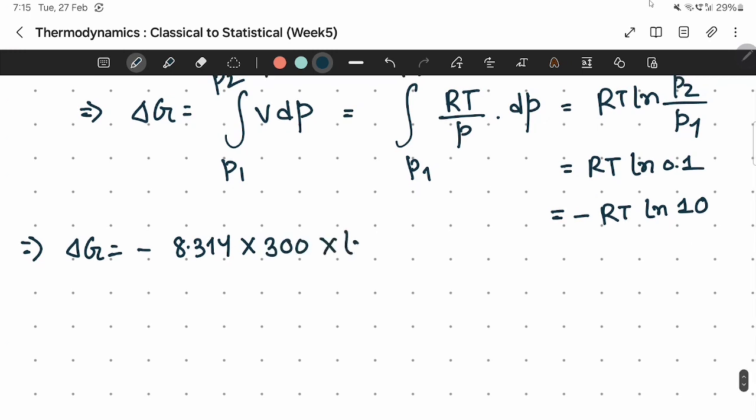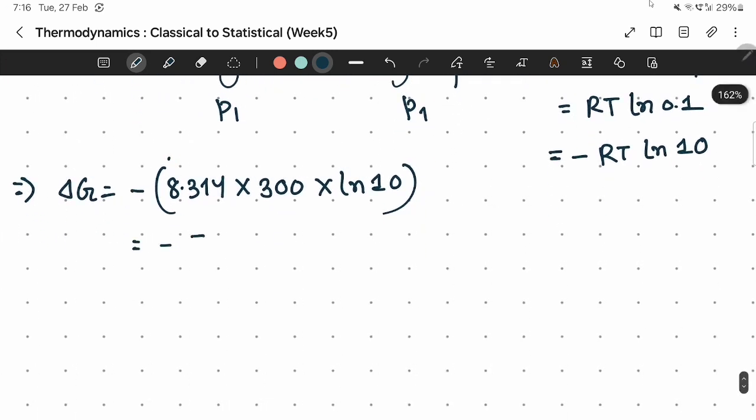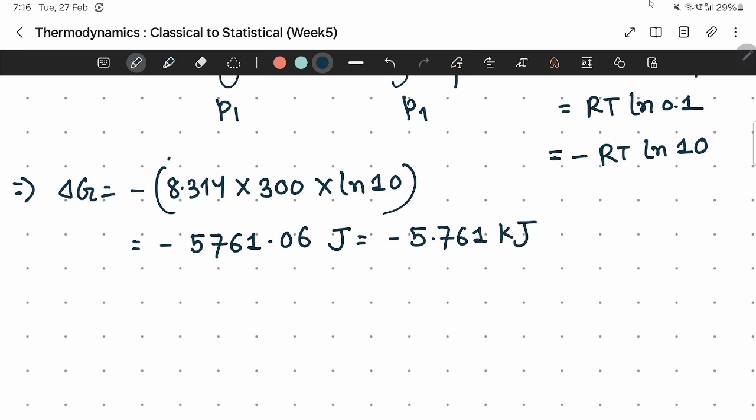And ln 10. So that will be del G. If you multiply 8.314 into ln 10 into 300, what will you get? It is minus 5,743 joule. So it is 5.74 kilojoule. Approximately we can use 5.74 if you look at the option. So now this is for reversible.